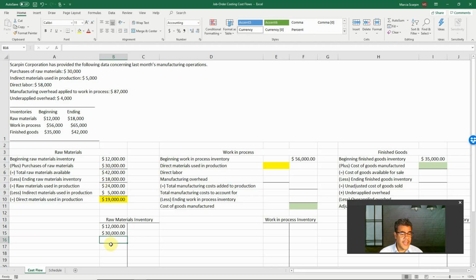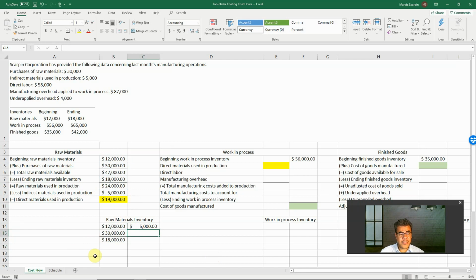So less ending inventory, 18. Less indirect materials, 5.